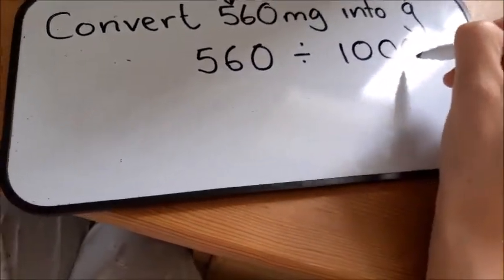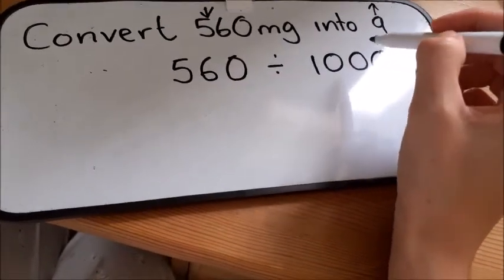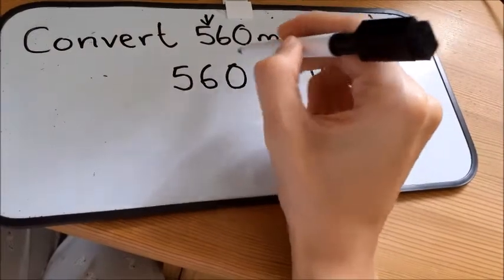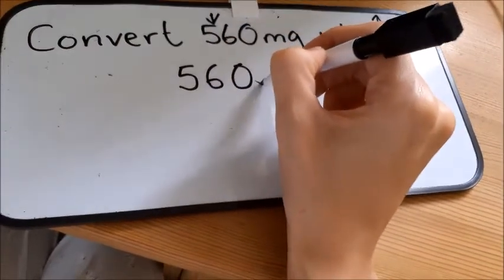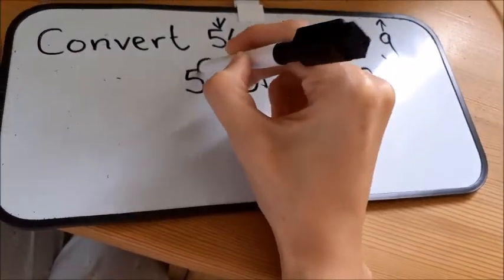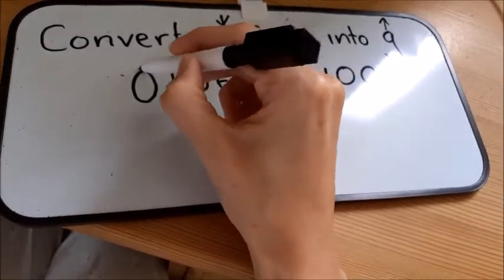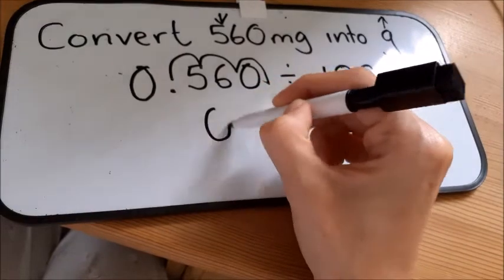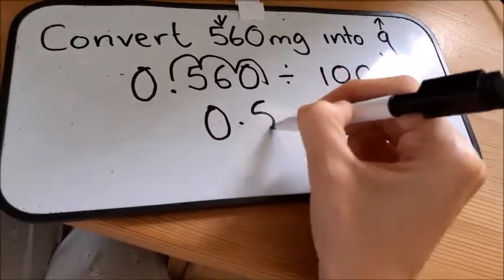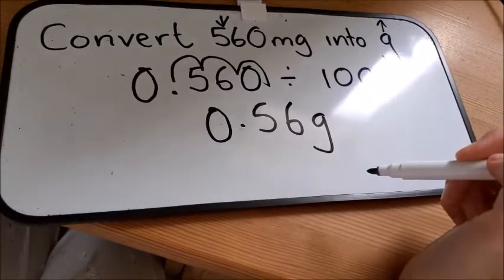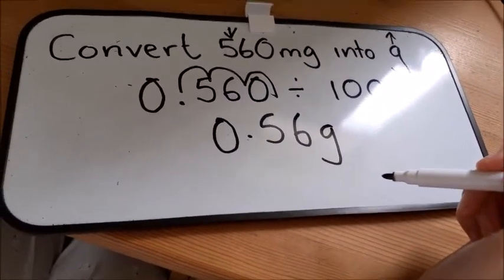Now you've got 3 zeros, so we're going to be moving 3 decimal places to the left. 1, 2, 3. Decimal point goes here, and you add a 0 in the end. So you've got 0.56 grams. Okay, let's do another one like that just to reiterate it.